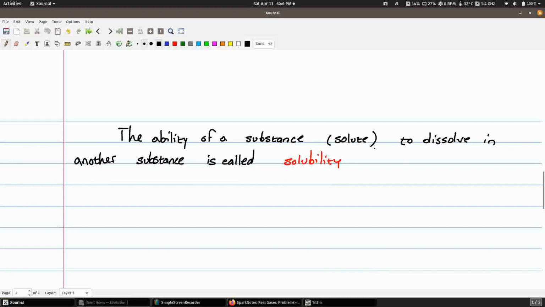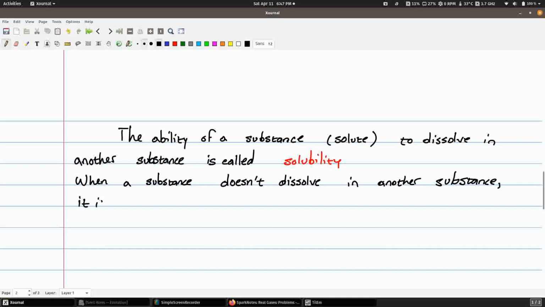And then when a substance doesn't dissolve in another substance, such as water or an alcohol or some sort of solvent, it is referred to as insoluble. So I'm going to color code that a different color so you know that's important.